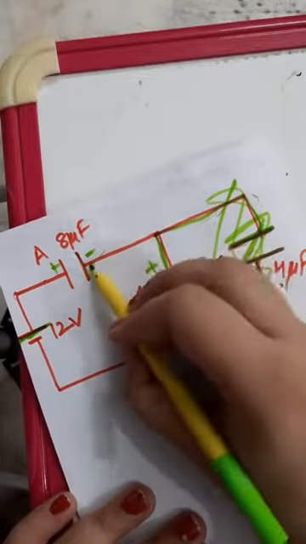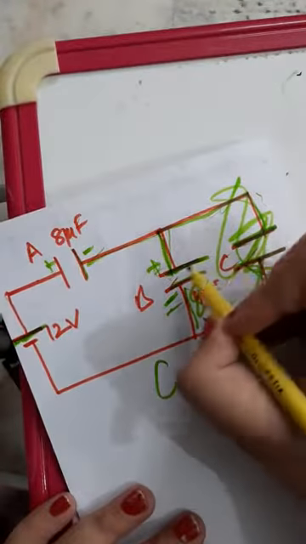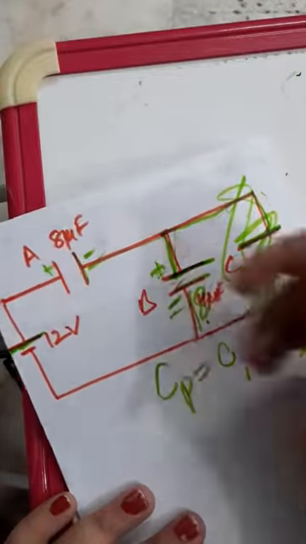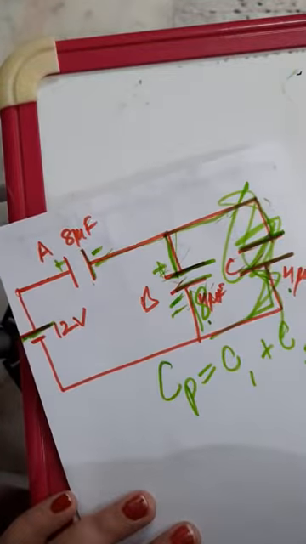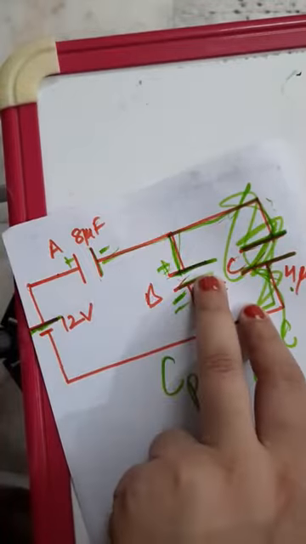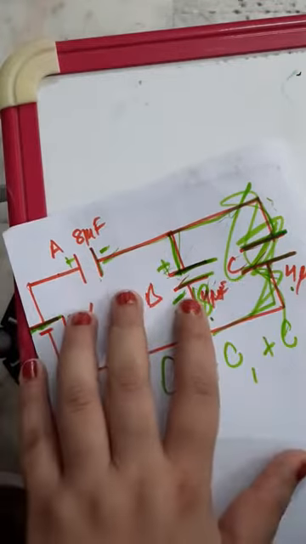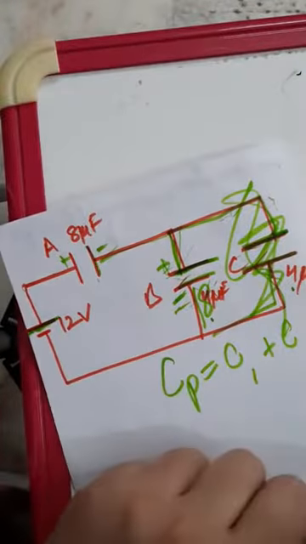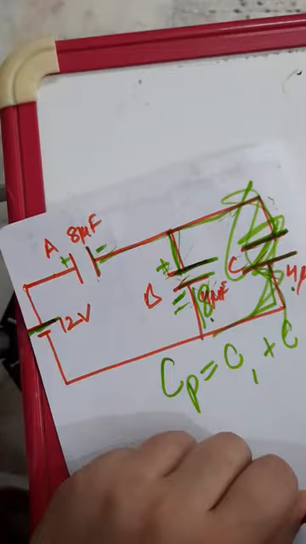And due to induction, this would be positive and this would be negative. So now negative is connected to positive. Or you can say the left plate of capacitor B is connected to the right plate of capacitor A. So don't you think that they both are connected in series?